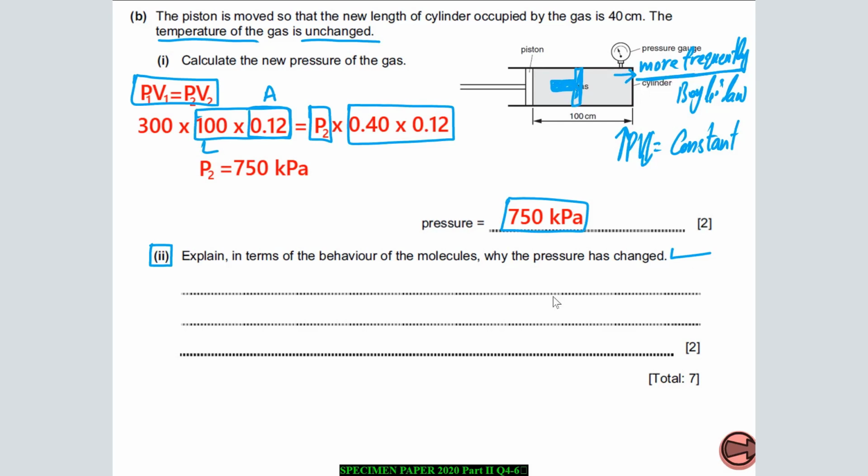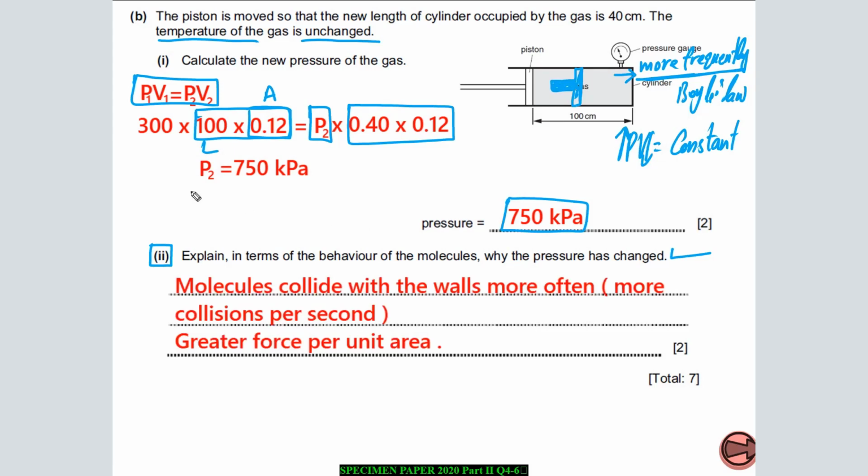Now let's try to answer how we can write our final answer. Molecules collide with the walls more often, or more collisions per second. More collisions per second means more molecules are pushing the walls at the same time, so it means greater force per unit area.